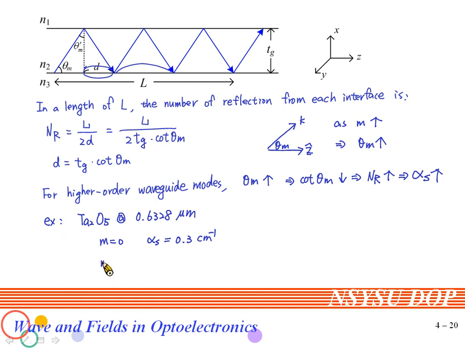But for M3 modes, the higher order waveguide mode, we will have the scattering loss of 2.8 inverse centimeter. So as the mode order is increased, we will have higher surface scattering loss, due to the larger number of reflections from the core-cladding interface.